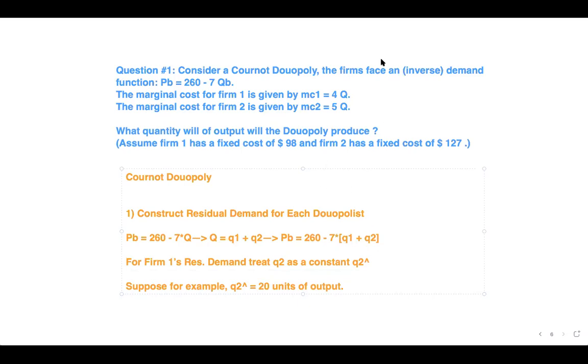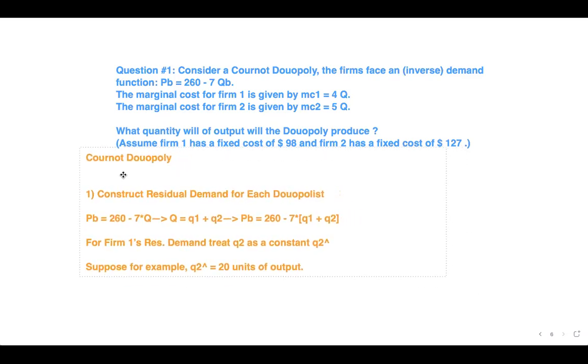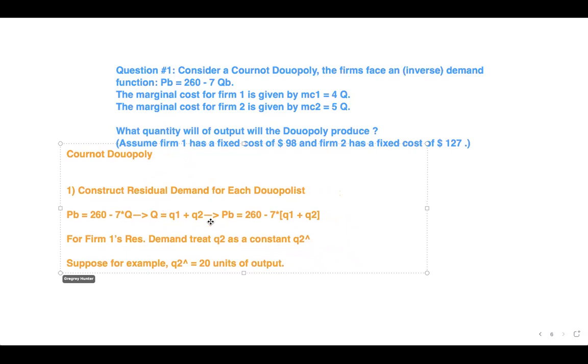How much should you produce? That's always your question in a Cournot game, what they call a quantity setting game. You're trying to pick your quantity to maximize your profits as firm one. So the logic is, if I know that firm two is already producing 20 units, let's assume they're not going to react.